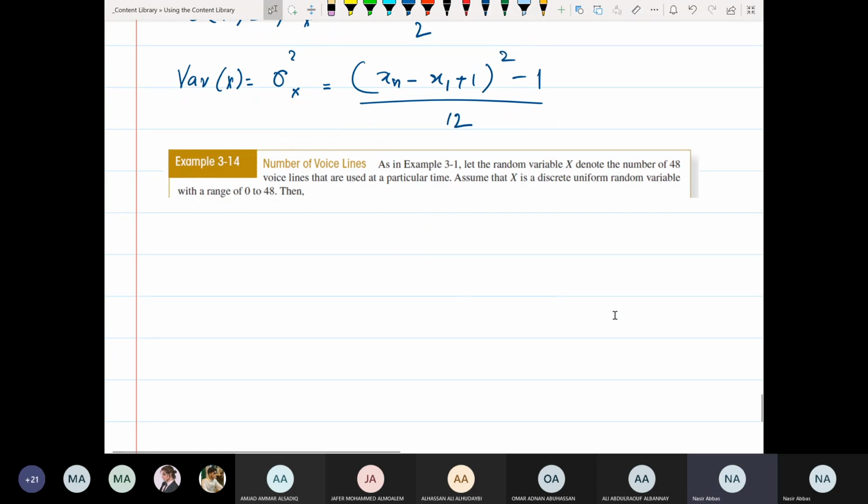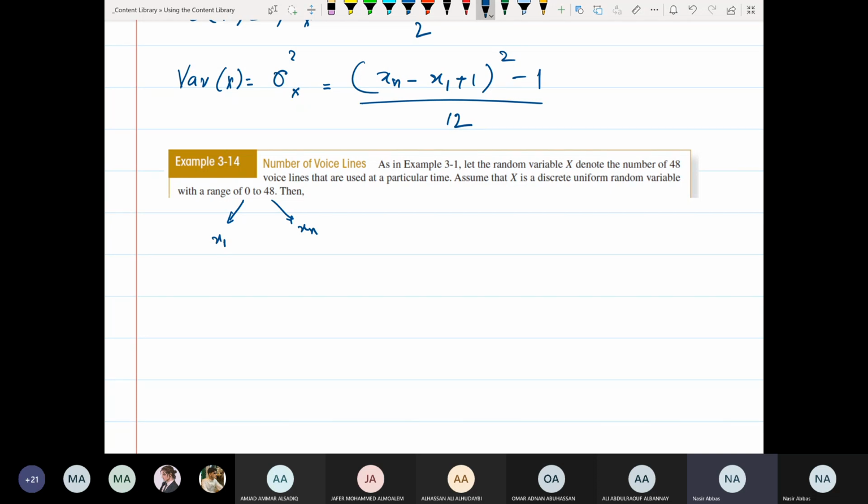It says, let the random variable x denote the number of 48 voice lines that are used at a particular time. Assume x has a discrete uniform distribution with a range from 0 to 48. So this 0 is basically the smallest value, and this 48 is basically the largest value. x1 is 0, xn is 48.